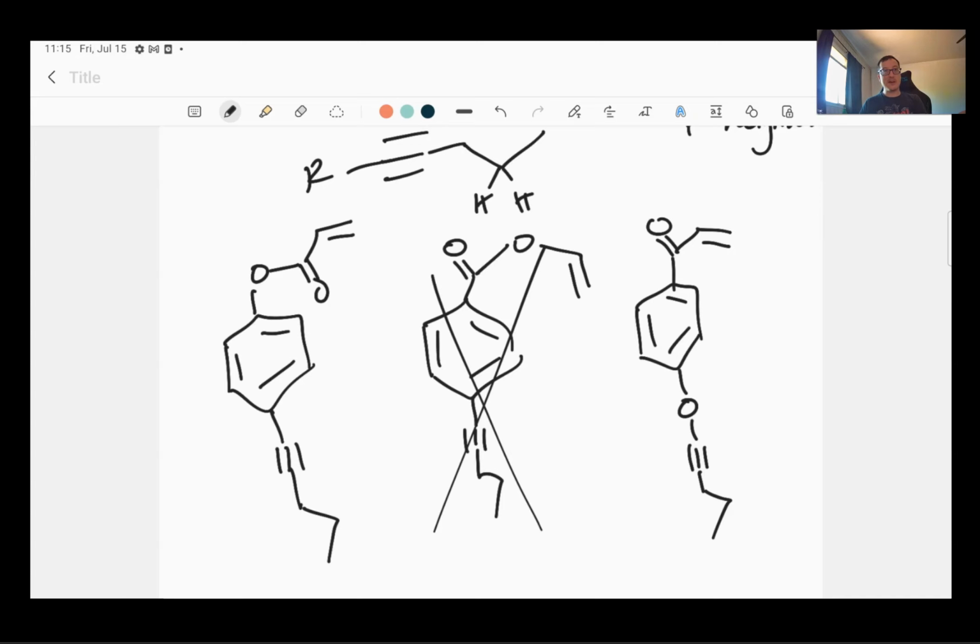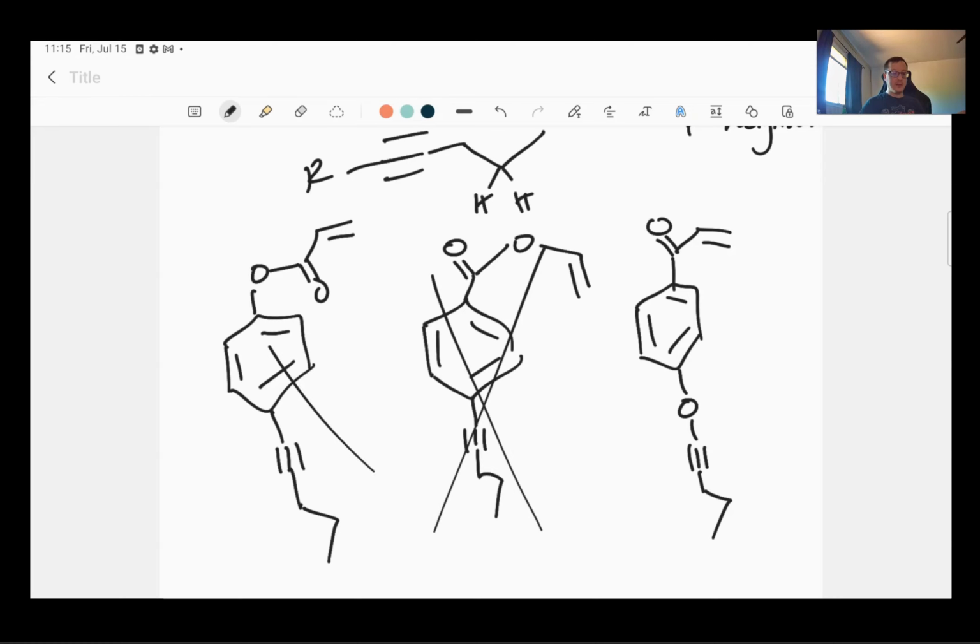Let's keep going here. So, which do we think it's going to be? Oh wait, we can identify it. In fact, we already know the answer. We don't have an ester in this molecule. We have a ketone, right? If we had an ester, we would not see a peak at 200 in our carbon NMR.